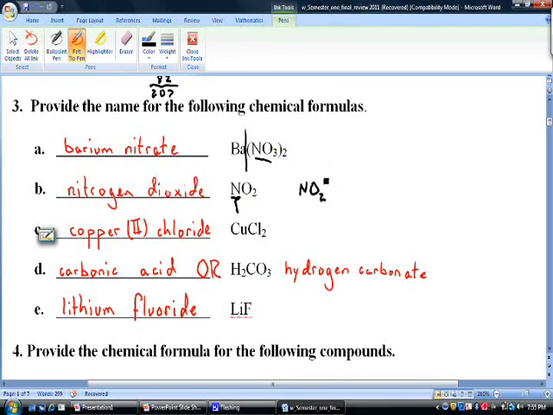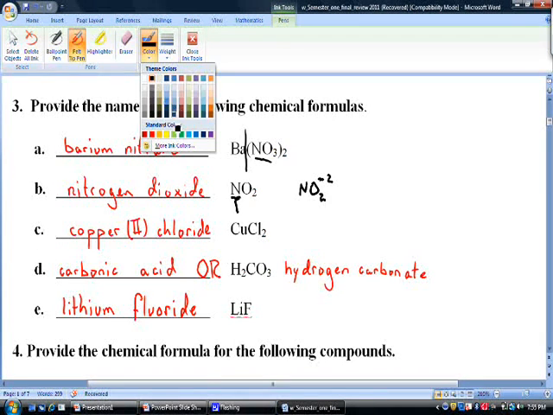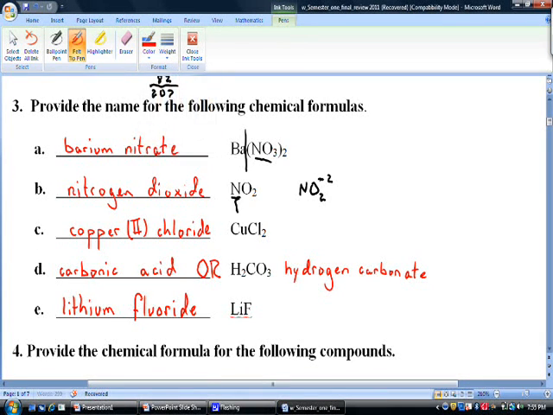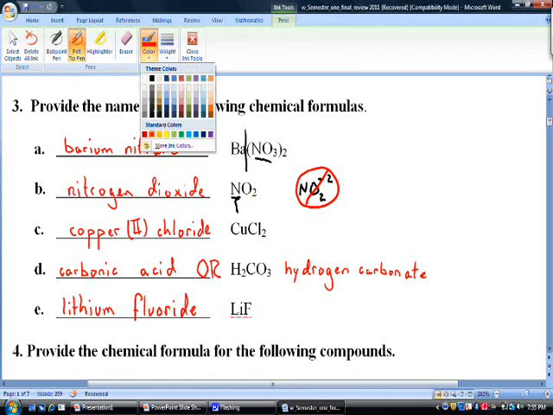How come it isn't nitrite? Notice, if you look carefully, the nitrite has a charge of -2. And so nitrite is not the same thing as what we have written here. So this is not nitrite. This is nitrogen dioxide.